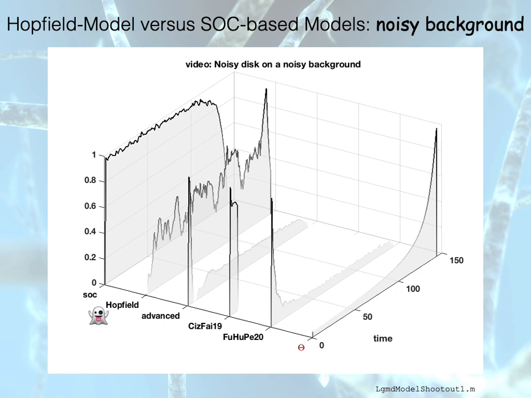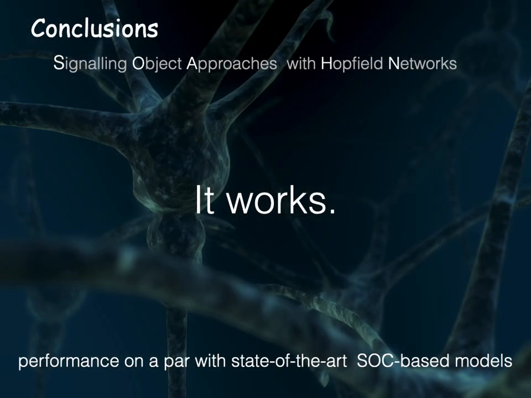Oh, and by the way, the curve labeled with a red theta shows the angular size of the approaching disk. This is how the ideal response should look like. Good. So we are done. So what can we say about using Hopfield networks for signaling object approaches or even detecting collisions?